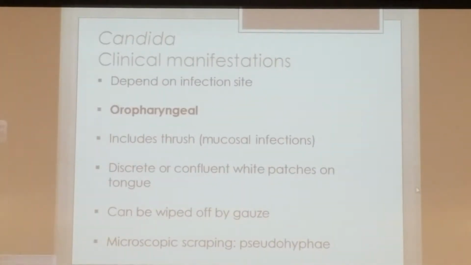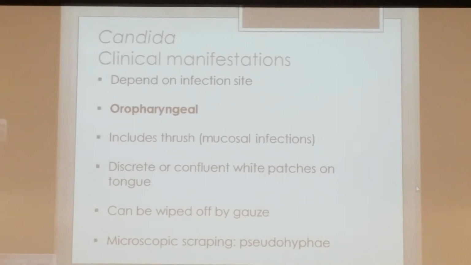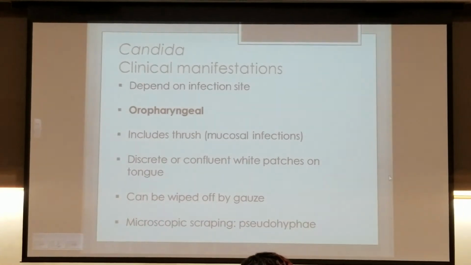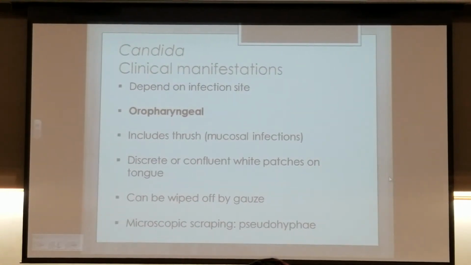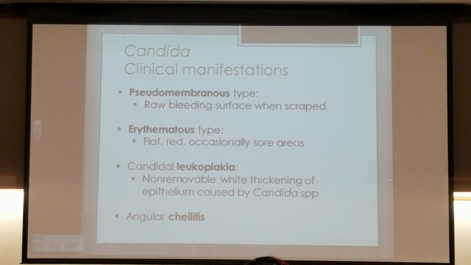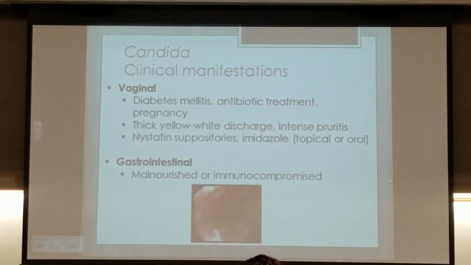So know the different manifestations that can happen in the oral cavity. Be aware of the fact that it's not just one. So if you get asked about a white patchy thing in your oral cavity that can be wiped away with gauze, most of the time they're going to be asking you about Candida, but be aware that there are some different manifestations in the oral cavity of candidiasis.